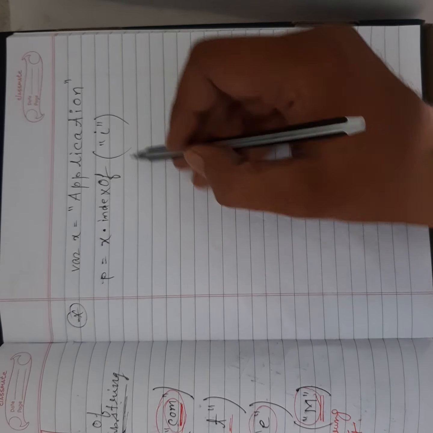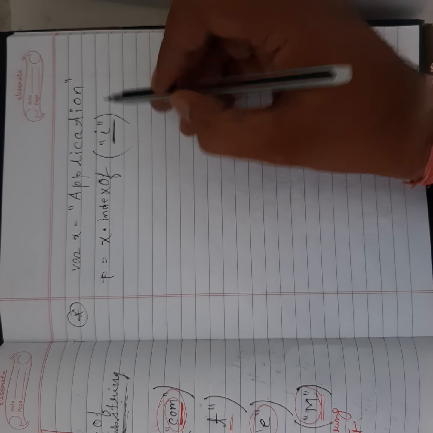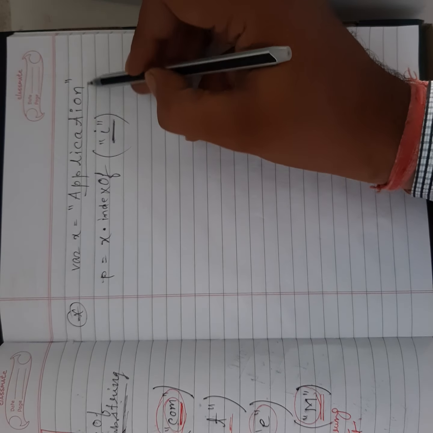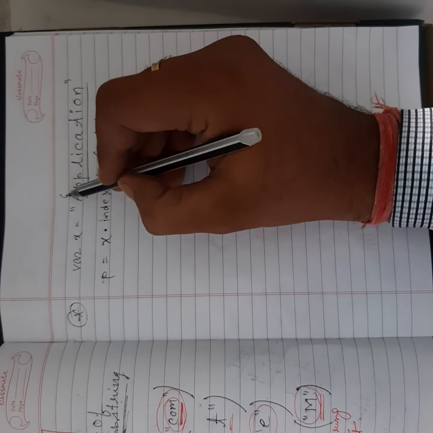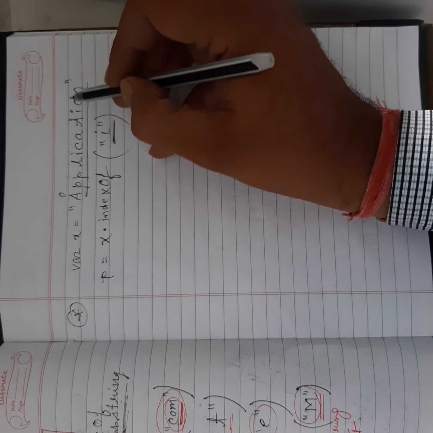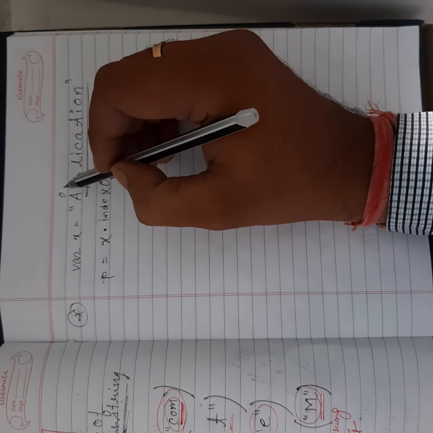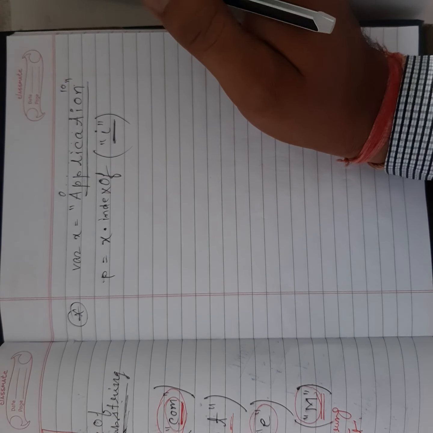Here one confusion will arise: I am searching for a small letter i. If I look at this string, the indexes start from 0, then 1, 2, 3, 4, 5, 6, 7, 8, 9, 10. So up to the 10th index letters are present.